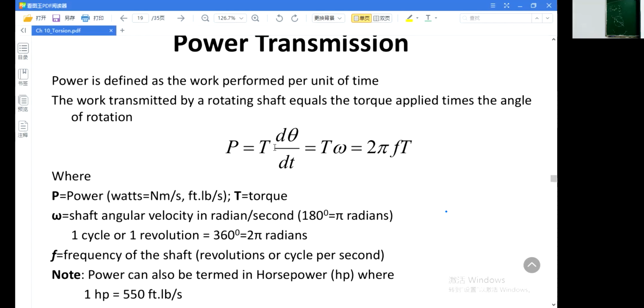So 2 pi f is the angle the shaft rotates in a second, and T times that is the power.